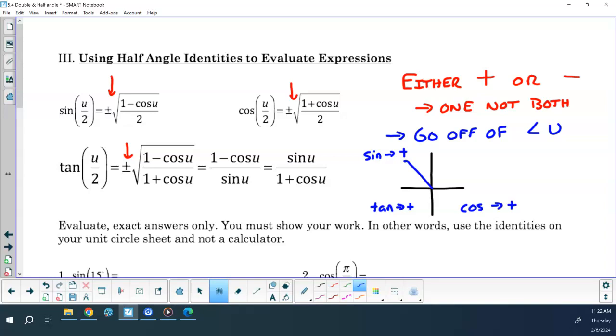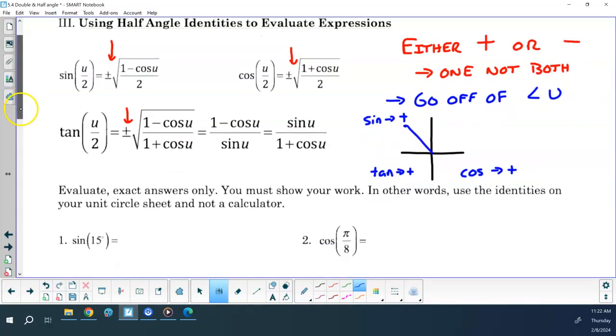In quadrant number 1, they're all positive. Okay? So that's something that you have to keep in mind with the half angle. You might want to write that right next to numbers 24, 25, and 26 on your purple sheet. Okay?